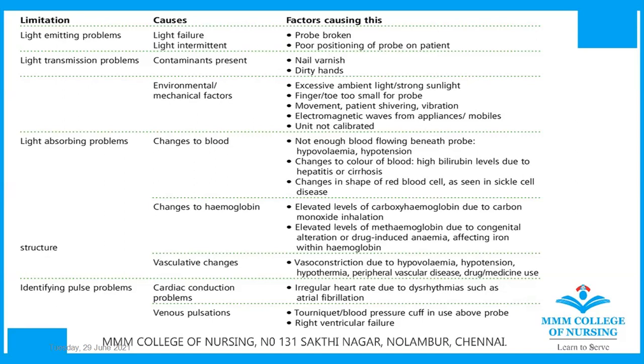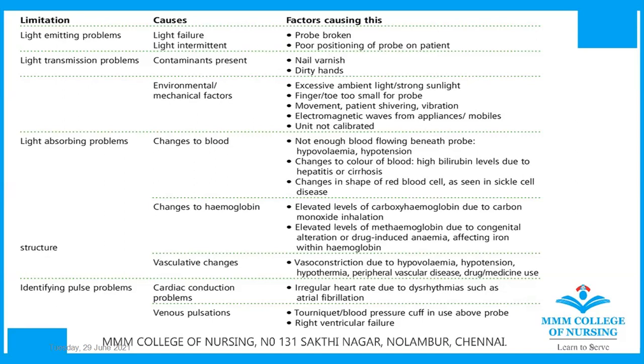And the environmental and mechanical factors like excessive ambient light, strong sunlight, finger or toe too small for probe, movement of the patient, patient shivering, vibration, and electromagnetic waves from appliances and mobiles, and the unit is not calibrated.